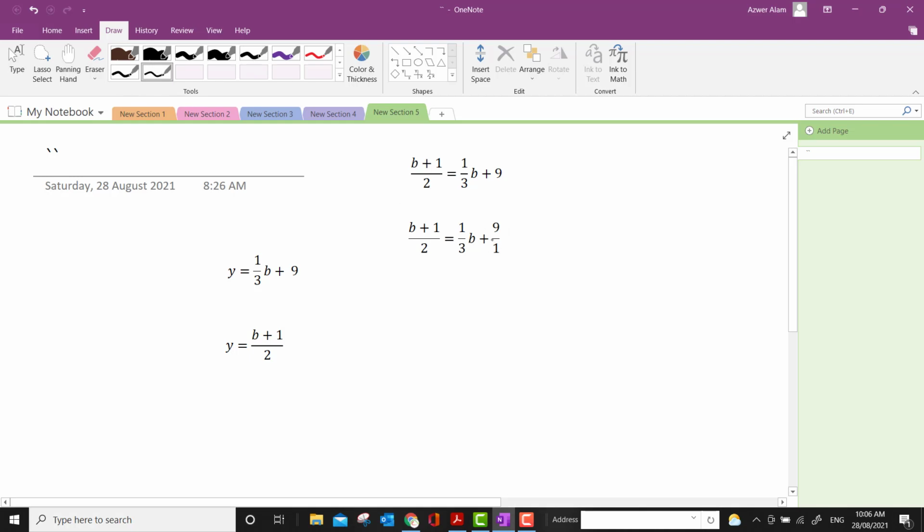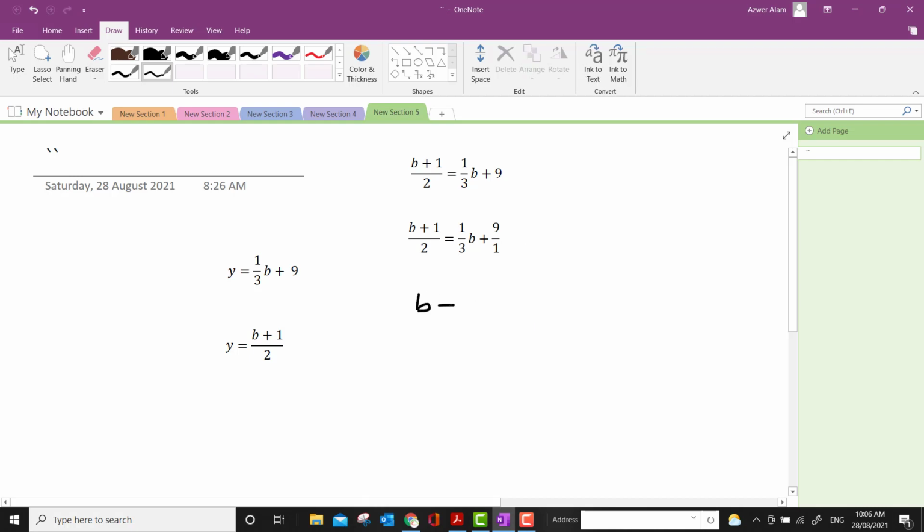Now we are adding two fractions, and notice that the denominators are different. So we have to multiply this by 3 and we have to multiply this by 3 because we have 3 as a denominator on the other fraction, and this will make the denominators same.